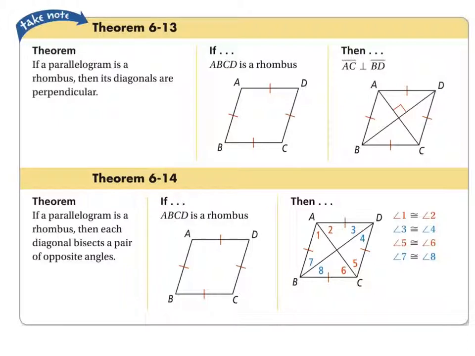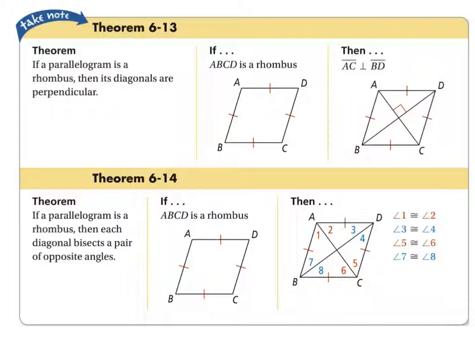Okay? If it's a rhombus, then its diagonals are perpendicular. Theorem 6-14. If a parallelogram is a rhombus, then its diagonals are going to be angle bisectors.